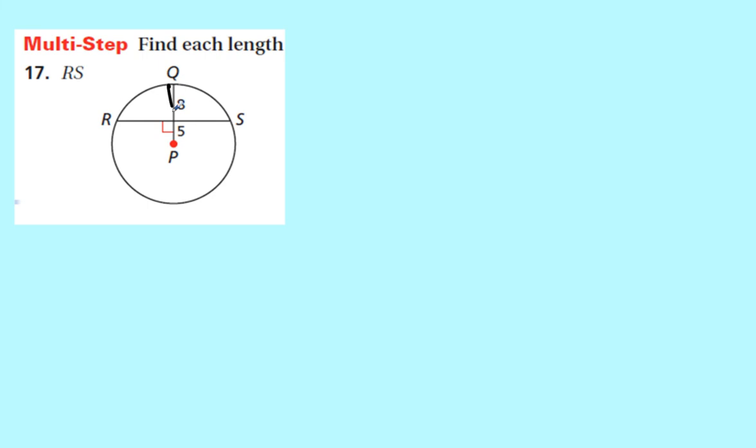We know this length is 8, and this little length is 5. What we probably could have told you today is that if they're perpendicular, then this is the same as that. Hopefully you come up with that on your own. So what we need to figure out is what is this length here?